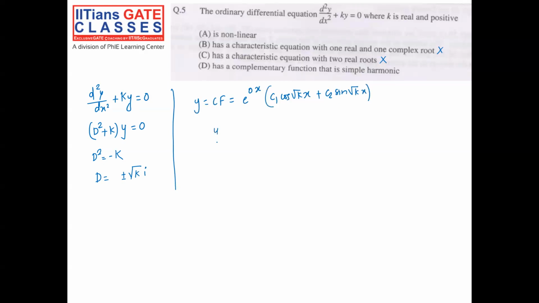And we can simply write it as c1 cos of root kx plus c2 sine of root kx. Looking into this complementary function, we can clearly say that it's simple harmonic. Comparing the other options A and D, option D is correct in this case, because it says it's a complementary function and that is simple harmonic in nature, and that is what satisfies our solution. So in this case, option D is correct.